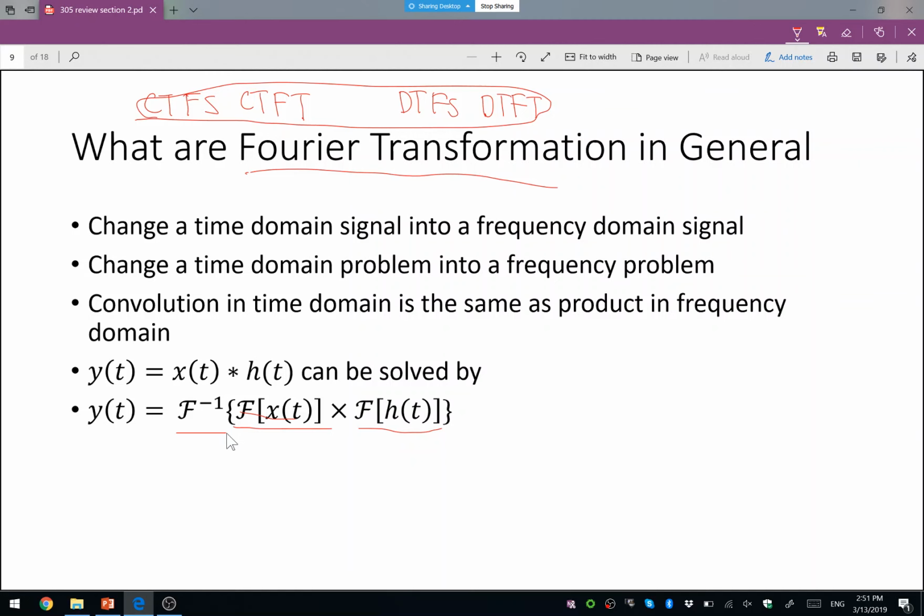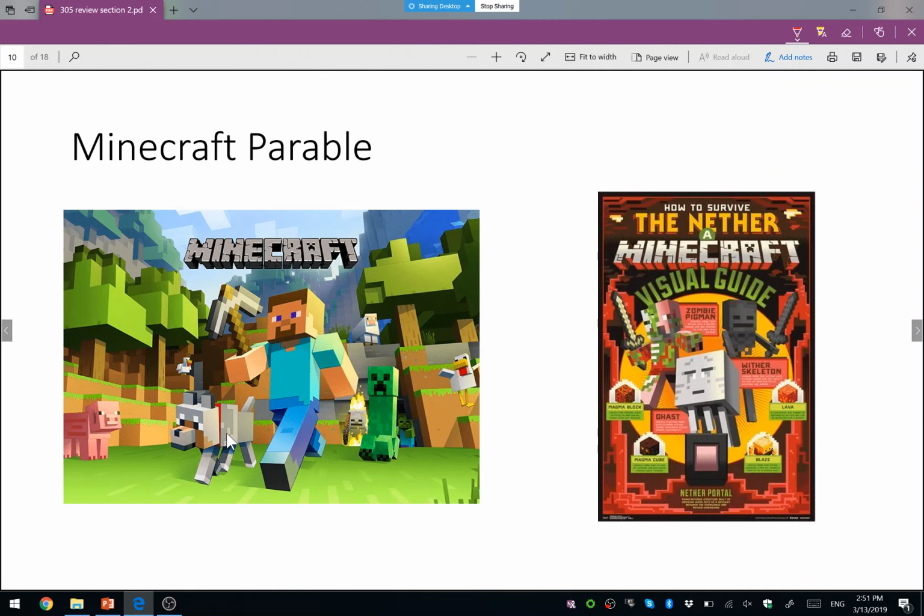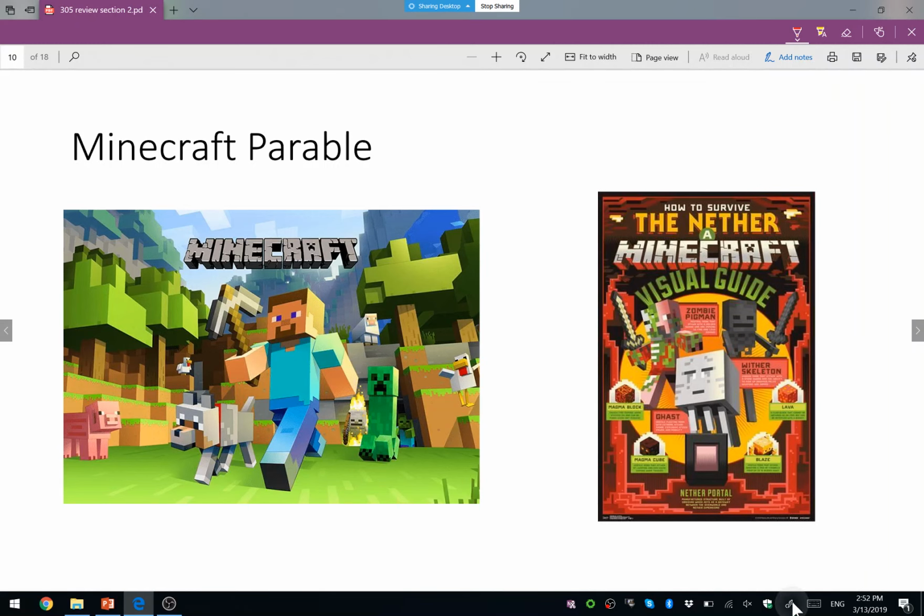If you still think that is a little bit abstract, I don't know if anyone has played this game before. I want to use it as a parable to discuss why we need Fourier series. In this game there are actually 2 worlds. One is the real world, and the other is called the Nether.